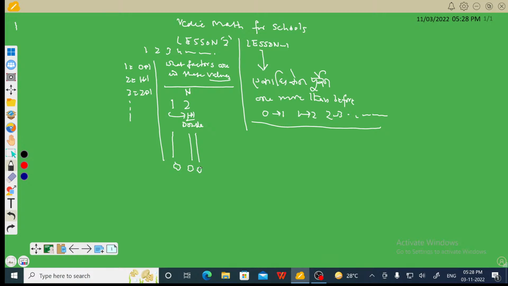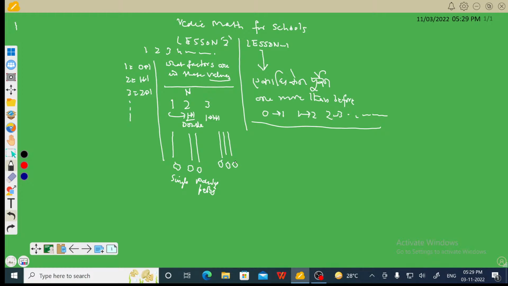Here is a single pebble and here are a pair of pebbles. But when we go a step ahead from 2 to 3 as 1 plus 1 plus 1, which will give us triple digits, triple pebbles.